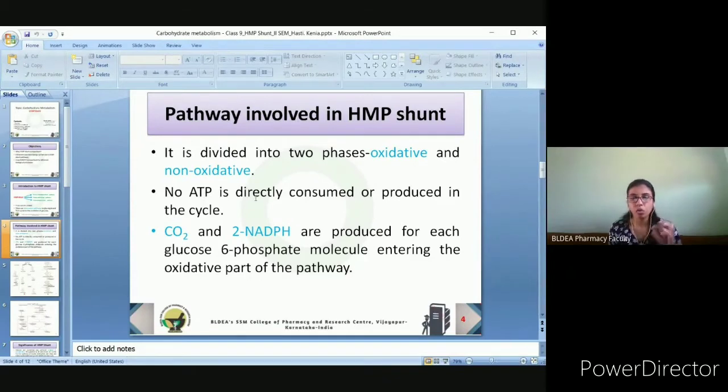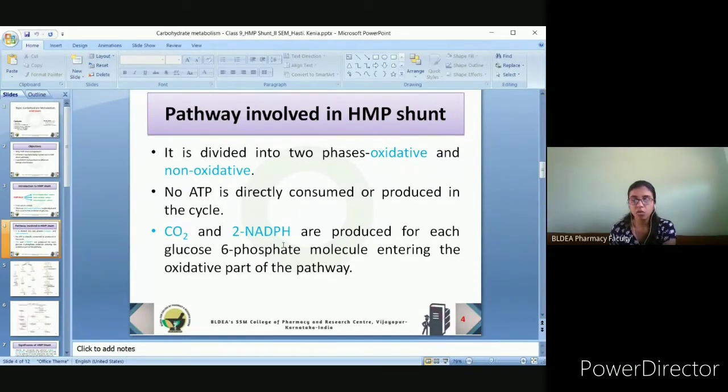And in this case, no ATP is consumed or synthesized directly, and the end products of this HMP shunt are carbon dioxide and NADPH molecules. Okay, so for each glucose 6-phosphate generated, now whenever glucose is oxidized, it first gets converted into glucose 6-phosphate itself.